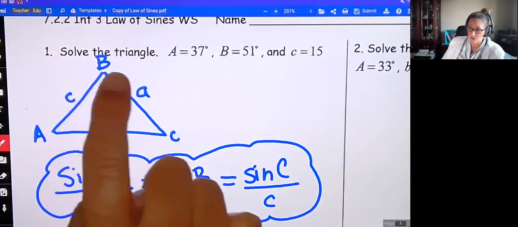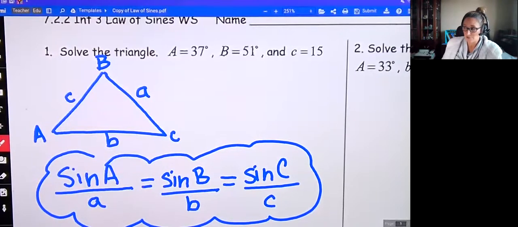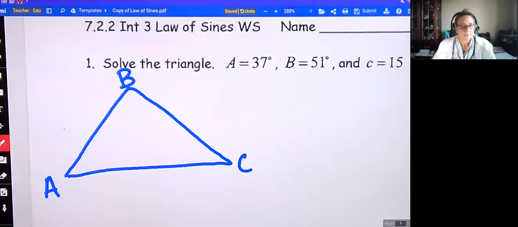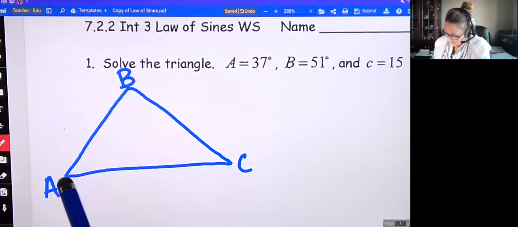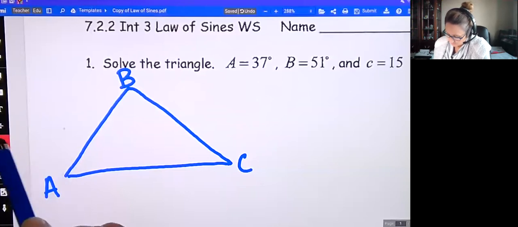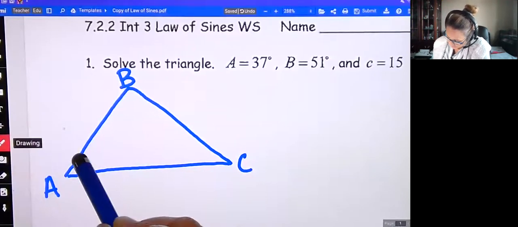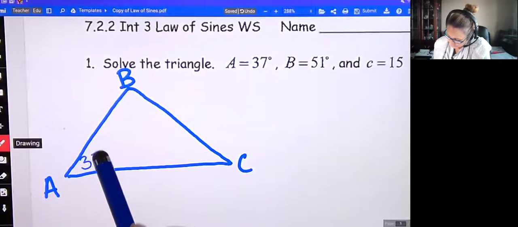Now, when they say solve the triangle, what they mean is every angle or side you don't know, you need to find, okay? So I'm going to clear this and I'm going to start the actual problem. Okay, so in this problem, I know angle A is 37 degrees.